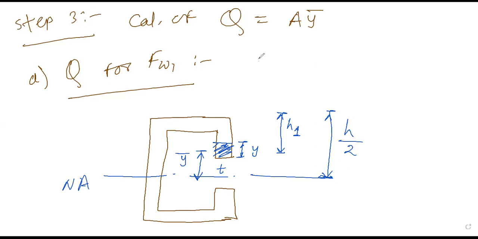Okay, so Y bar is equal to H by 2 minus H1 plus Y by 2. Correct?